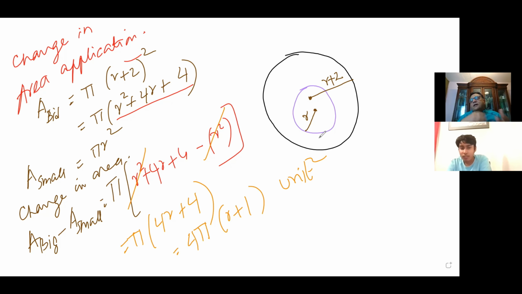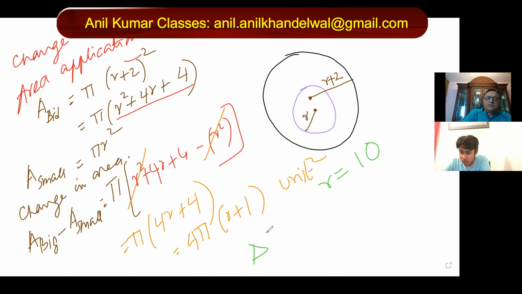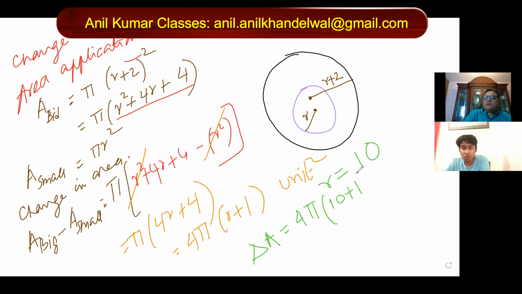You can actually get the increase in area. Now, if you know the value of r, let us say r is 10, you can substitute it. Then the change in area is 4 times pi times (10 plus 1). Do you see that? So 11, that is 44 pi.